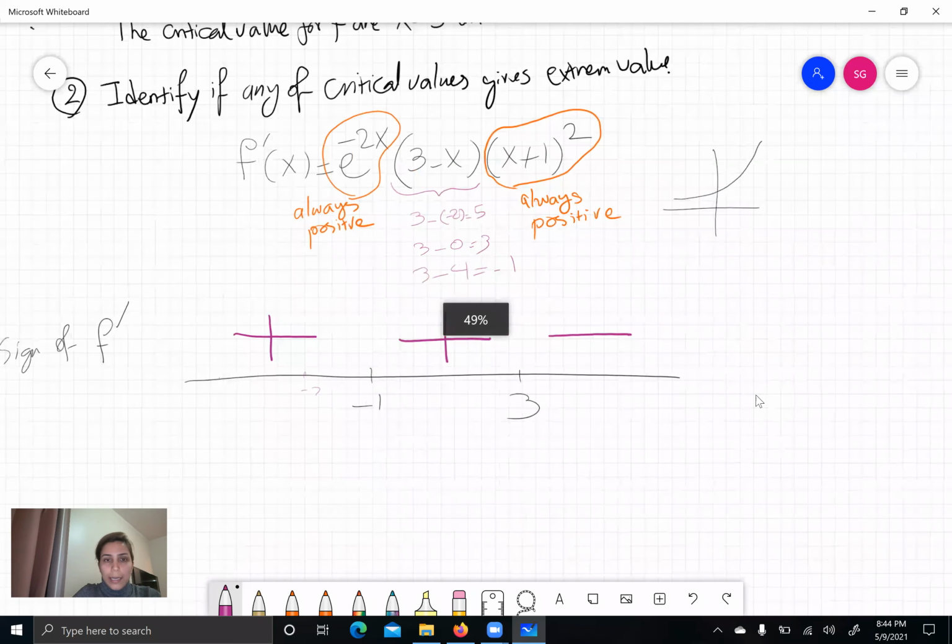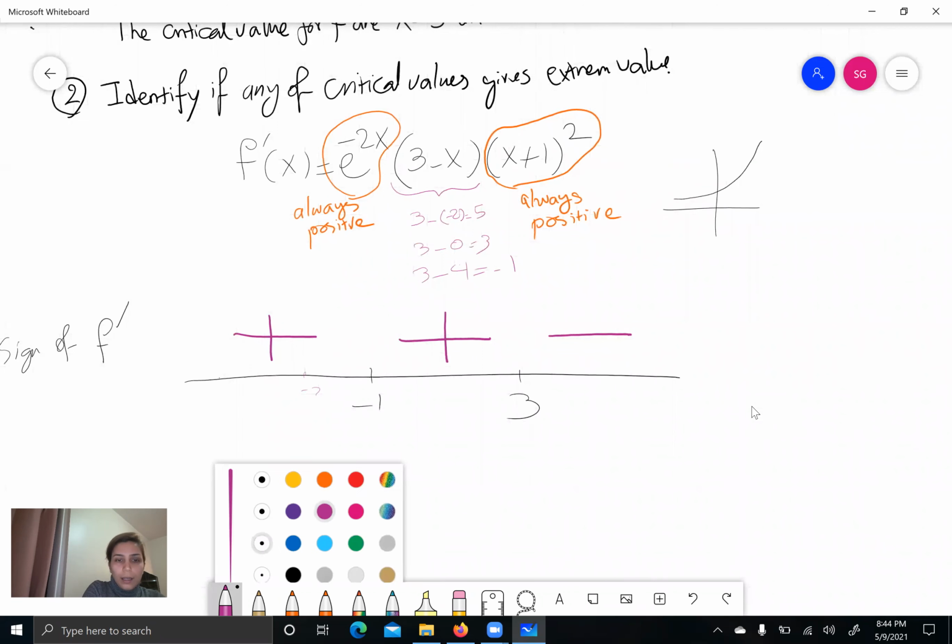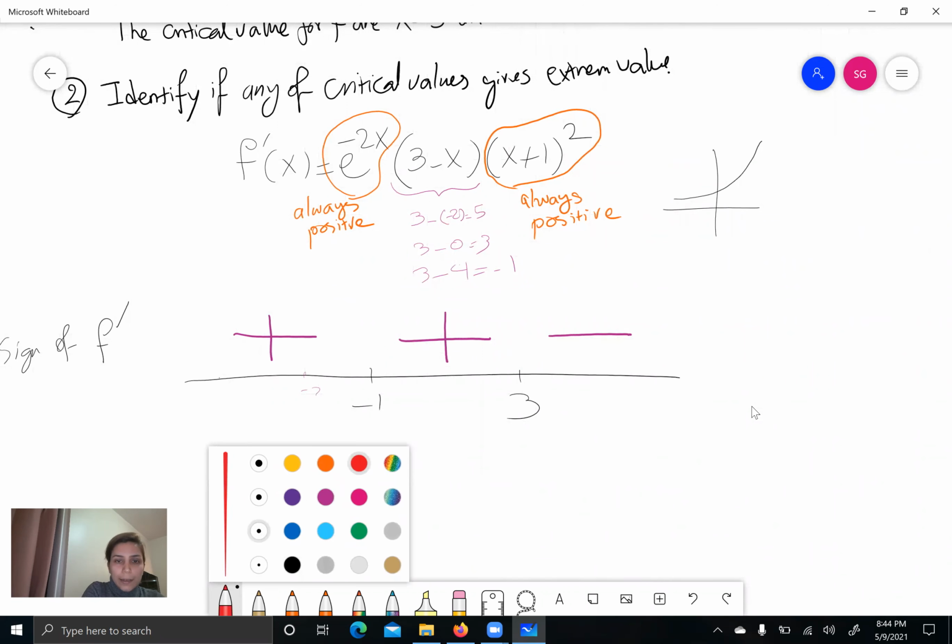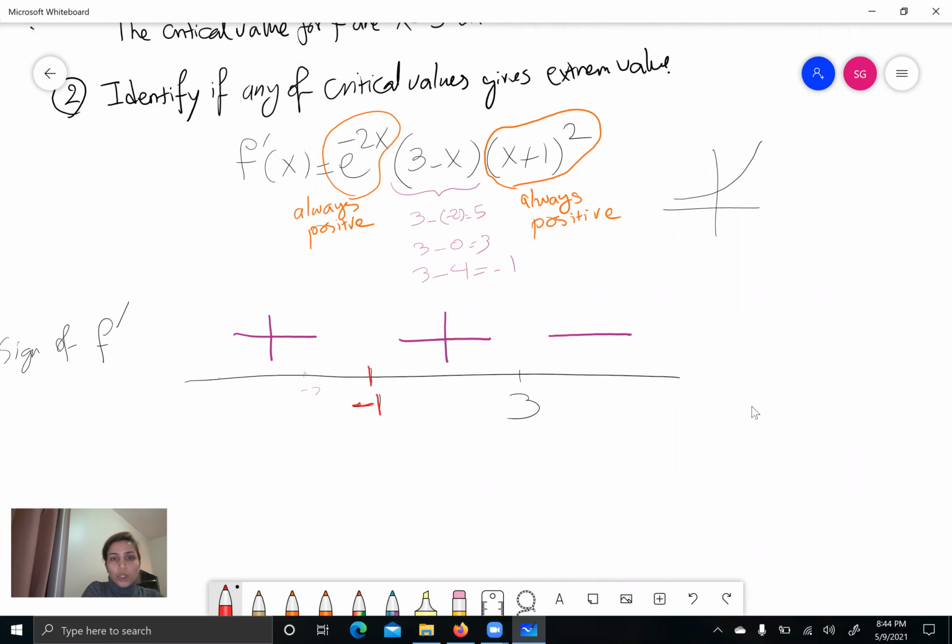Around -1, there is no change in the sign. Before -1, the function is positive. After -1 it is positive. So this is neither max nor minimum. This is not an extreme value.